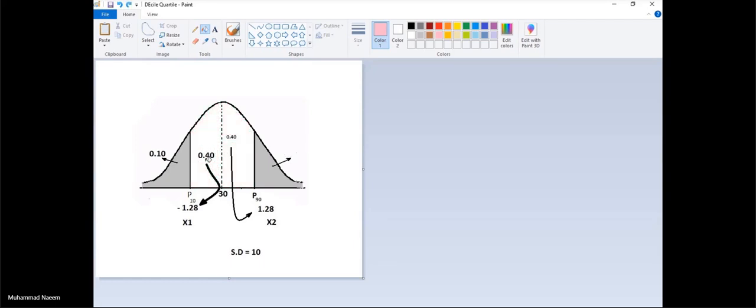This one is 0.4. Now use this in the table, find the corresponding point. This point is 1.28. Due to being on the left hand side, this will be negative. Remember, this point is in terms of z. Now we can easily convert this point in terms of x using the formula.